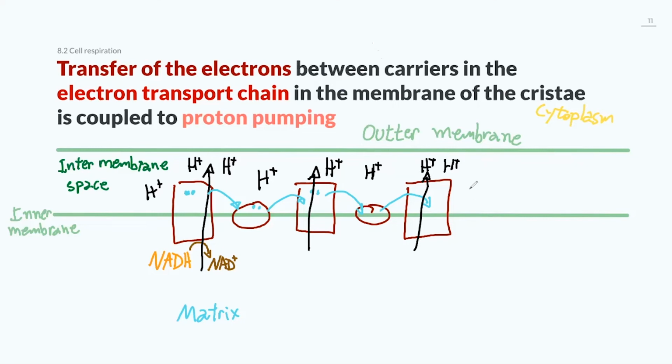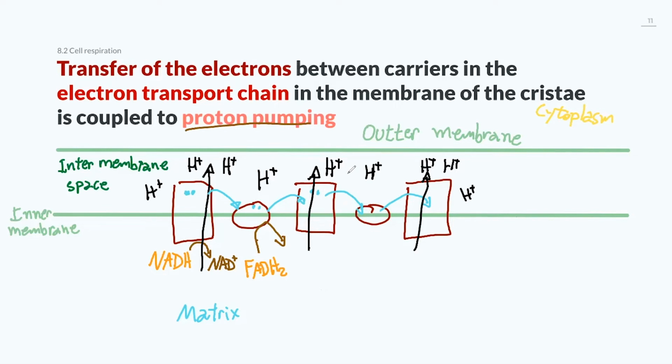FADH will do the same thing, but instead of starting in the first protein, it's going to start in the second molecule. So all these electrons are being passed around, and as they move from one molecule to the next, they lose a little bit of energy, and this energy is being used to pump H plus ions, to pump protons into the intermembrane space.